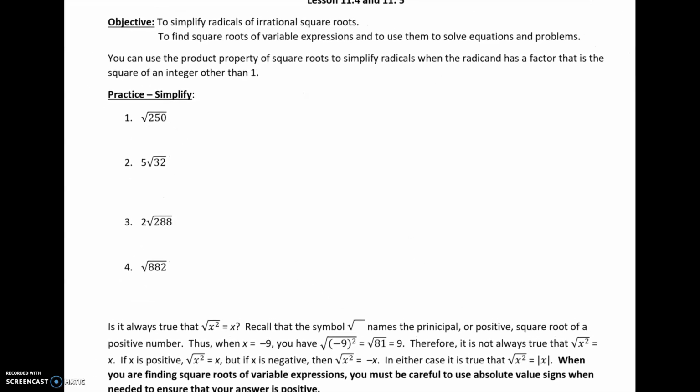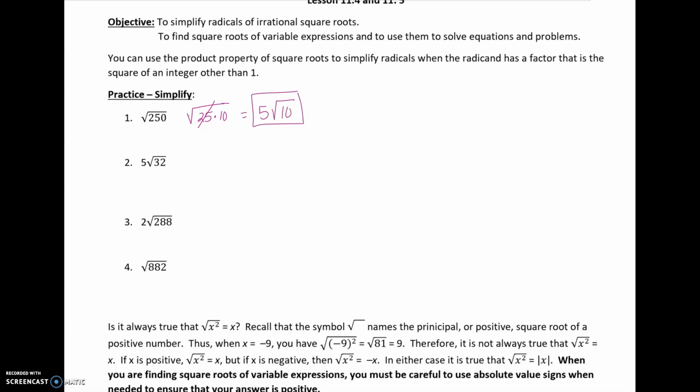The square root of 250 is not a perfect square, but I do know that 25 times 10 is 250. 25 is a perfect square, so I take that out front. 10 is not. Nor does 10 have any other perfect square factors. That's the other thing you have to think about. If 10 could be broken down to another perfect square factor, then you still have to keep going and taking out perfect squares. But it doesn't. So this just becomes 5 times the square root of 10, and you're done.